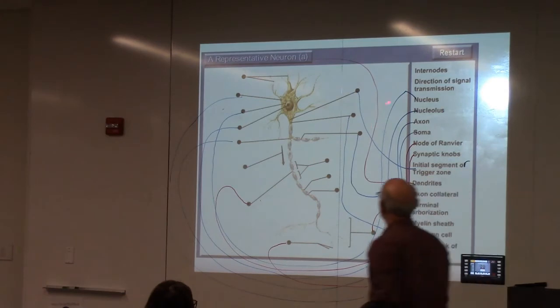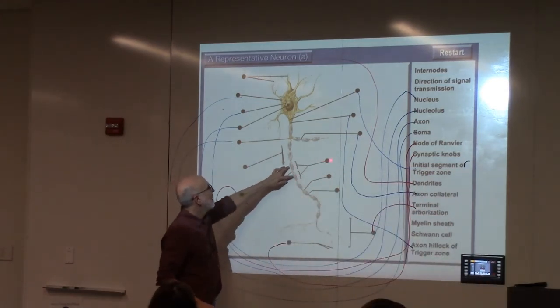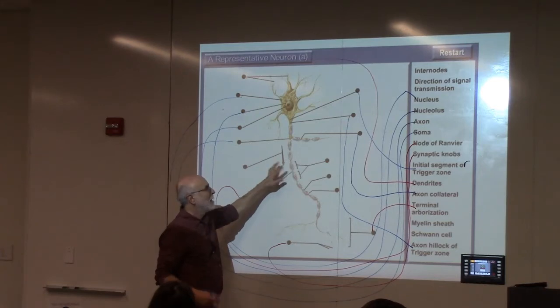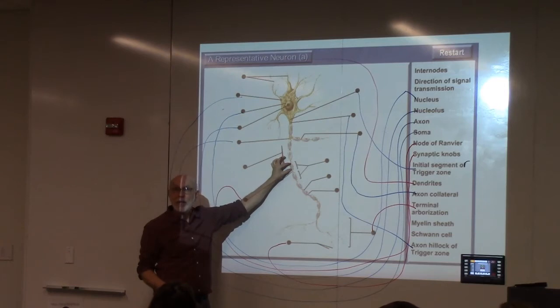Because we've labeled just about everything else. So these cells in the periphery are called Schwann cells. These are the cells that make myelin and wrap the axon with its insulating layers of myelin.